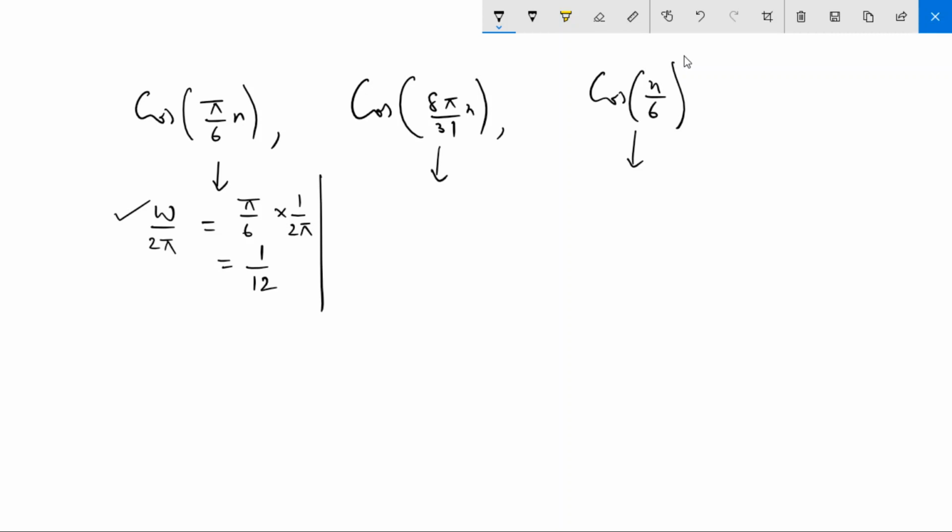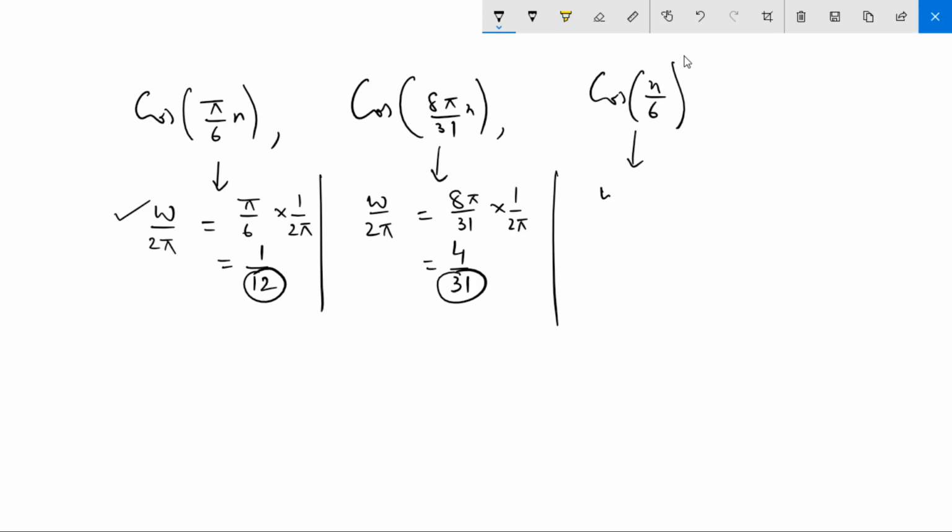What about this one? Omega by 2 pi: omega in this case is 8 pi by 31, multiplied with 1 by 2 pi, so you will get 4 by 31. Again, the ratio of two integers. This is also periodic. 31 is the time period here, and 12 was the time period for the previous one.